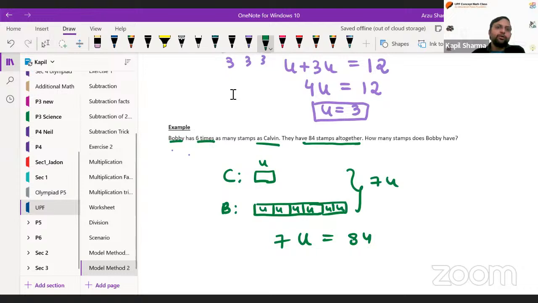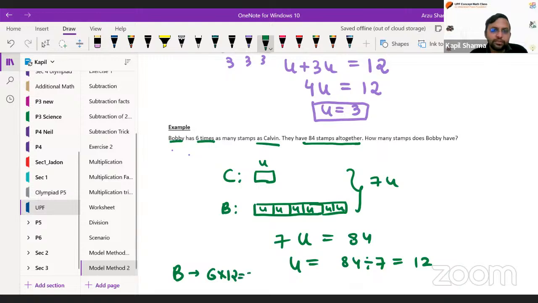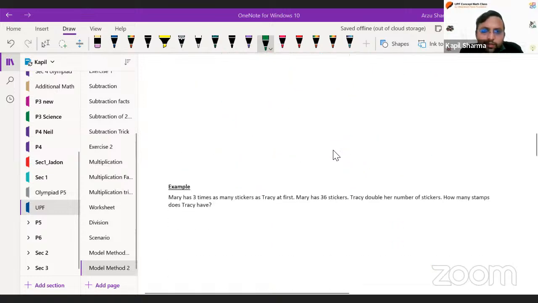So 7 units should be equal to 84. So 1 unit would be 84 divided by 7, which is equal to 12. So Bobby has 6 units or 6 times 12, which is equal to 72. Yes. Is this clear? Swastik? Okay, fine. Good.